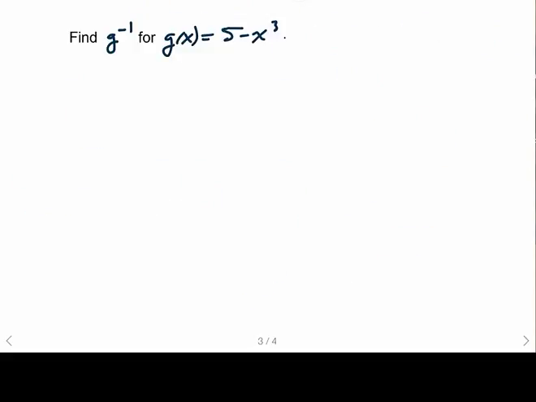So using this switch and solve technique, what I'd like for you to do is find g inverse, the inverse of g, for g of x is equal to 5 minus x cubed. So first I'm going to switch x and y. So I'm going to say x is equal to 5 minus y cubed, and then I'm going to solve for y. Now to solve for y, we're first going to subtract 5 from both sides.